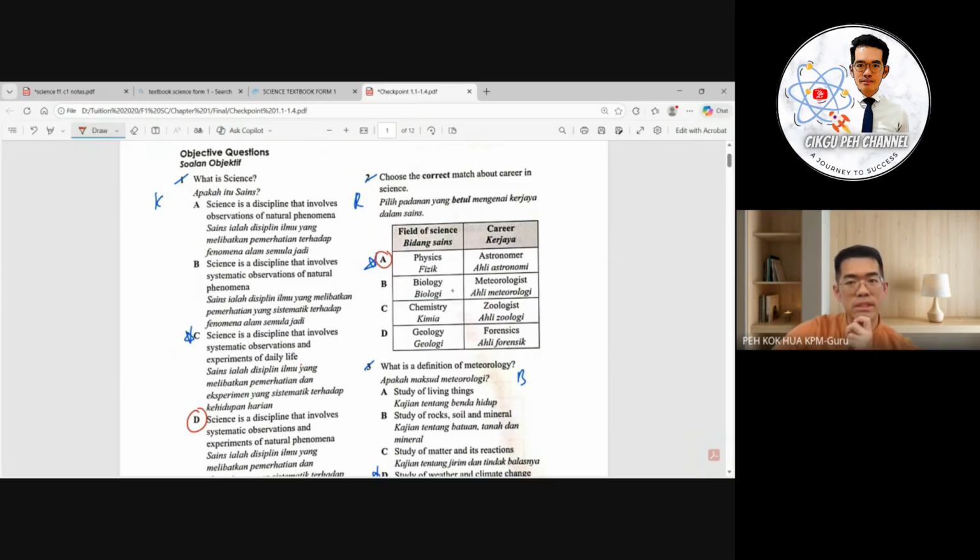Right? So it means the subject here is wrong. Then geologist will be biology. Then forensics is related to chemistry and biology. Forensics is the last one.